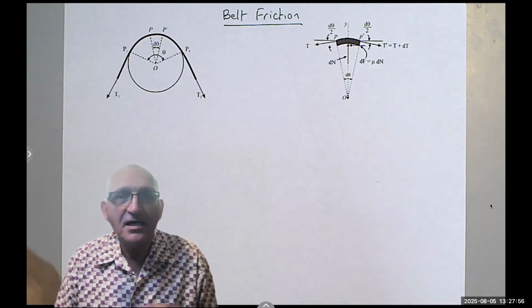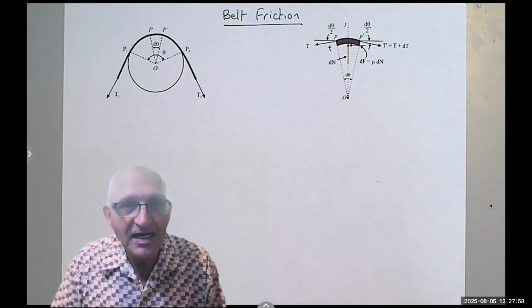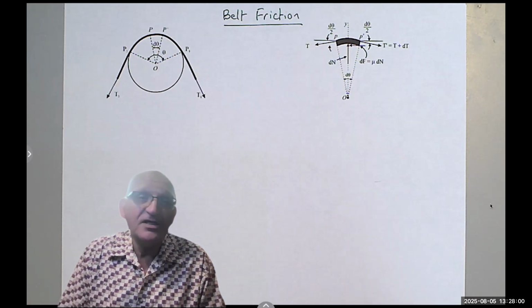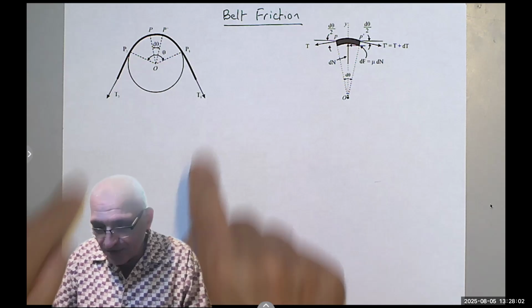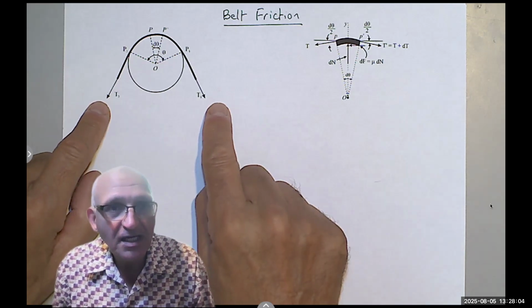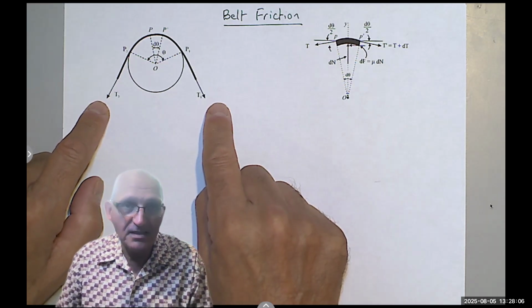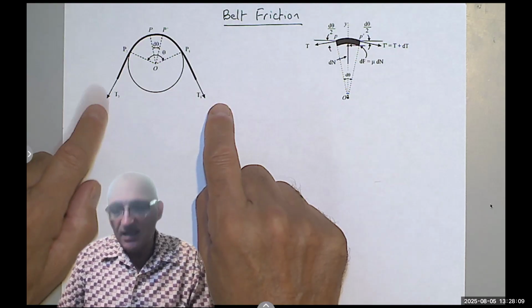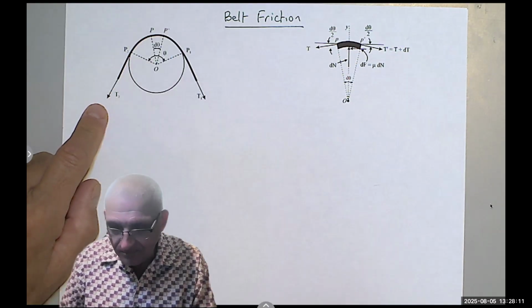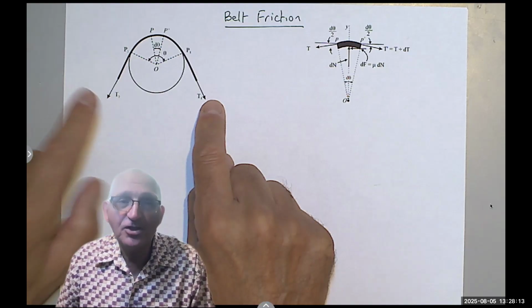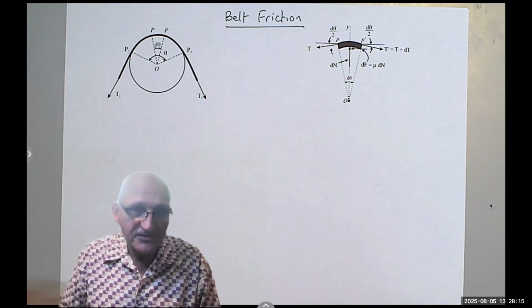And that's what we are going to analyze so that we come up with an equation that relates the two tensions in the belt. Meaning, if there is friction here, the tension on the right will not be the same as the tension on the left.